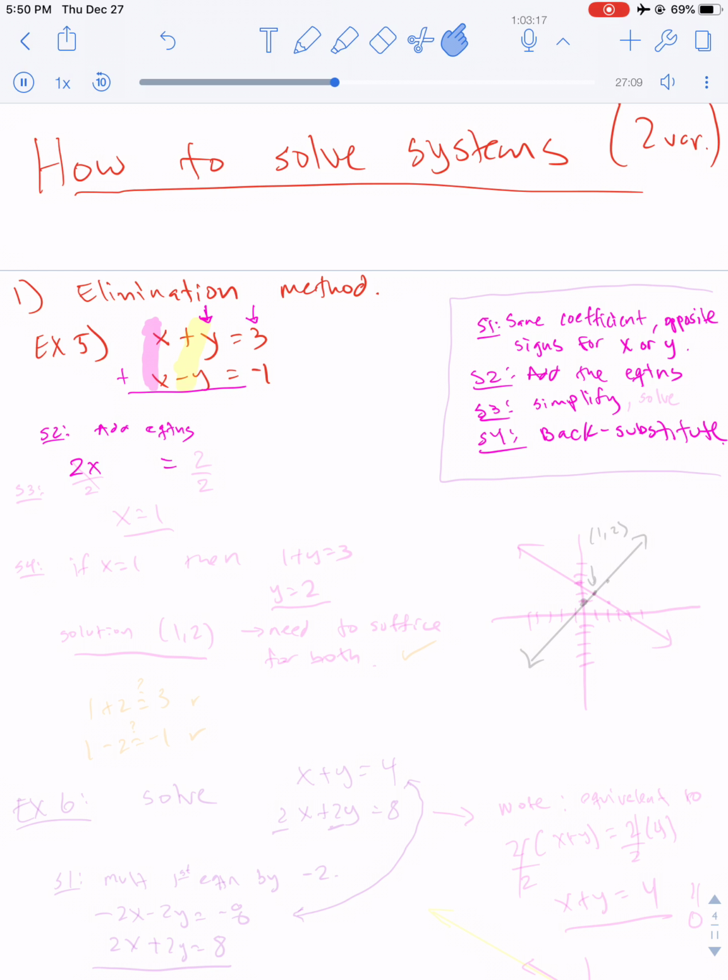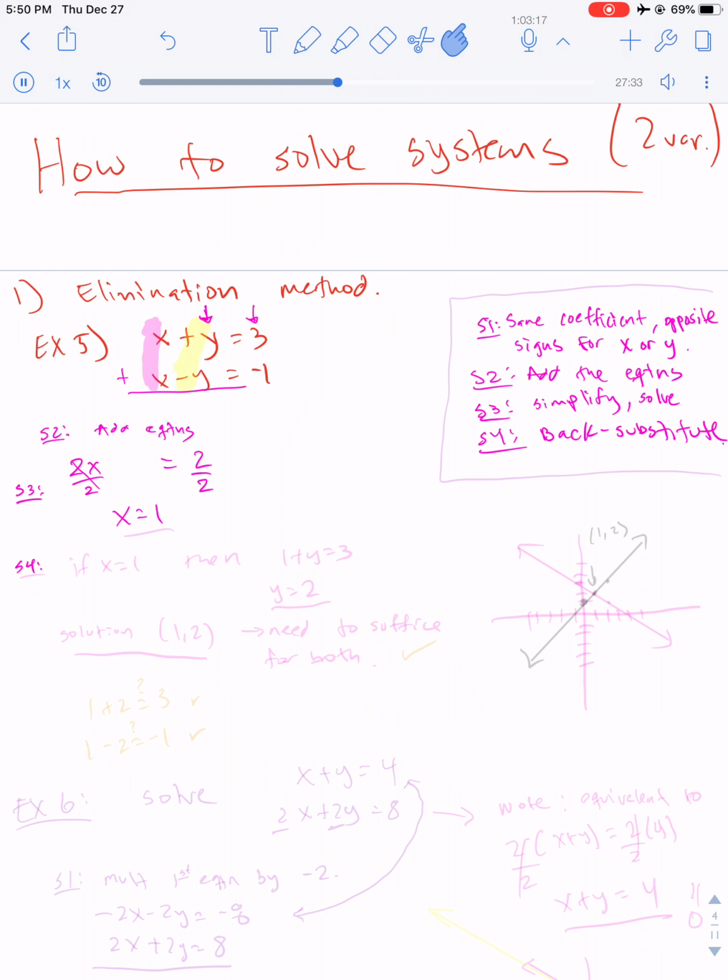And then the 3 minus 1 will give me 2. Step 3, simplify. Oh, I should probably put solve. So in this case, I'm going to simplify by dividing by 2. Oh, divided by 2, my bad. So my x is going to be 1.